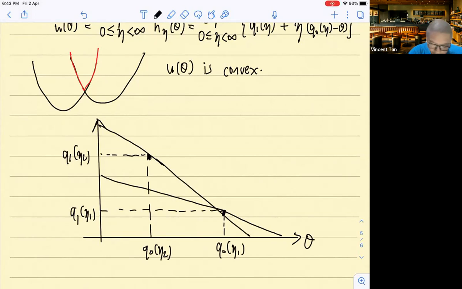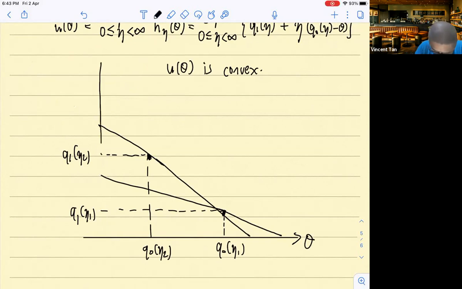So you can collect a bunch of lines. You collect all these lines, and what will you get? You take the supremum of all these, and you will get something like this.